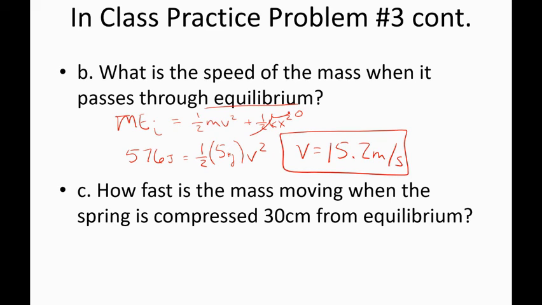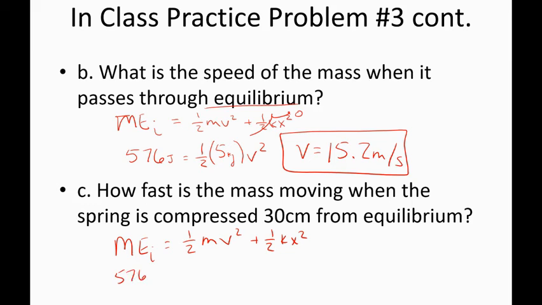And then finally, how fast is the mass moving when the spring is compressed 30 centimeters from equilibrium? So again, I have my mechanical energy initial is equal to 1/2 mv squared plus 1/2 kx squared.